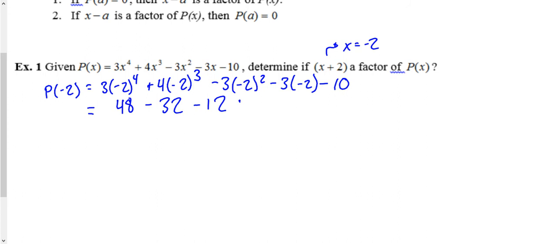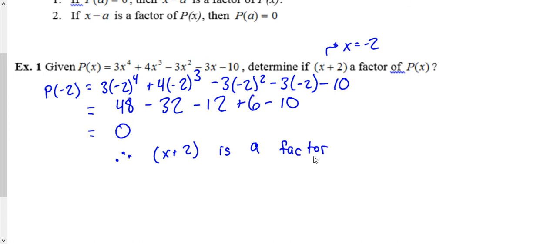Of course, two negatives make a positive 6, and you have minus 10 at the end there. If I add up all of these, I get 0 actually. Therefore, you could say something along the lines of x plus 2 is a factor. Perfect. And we're done.